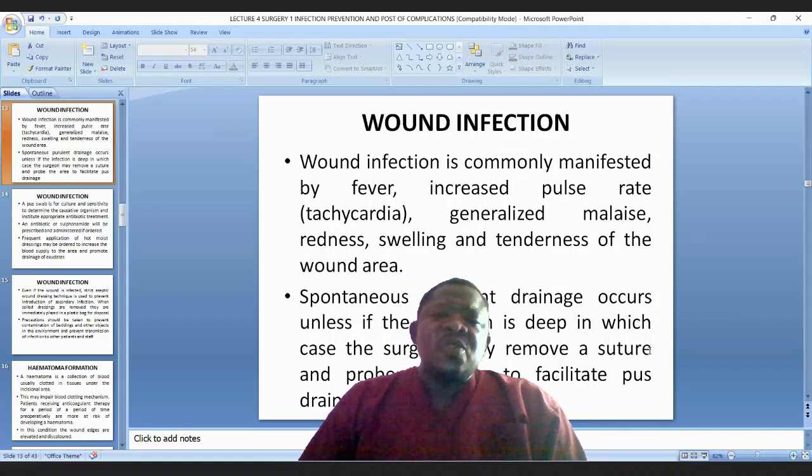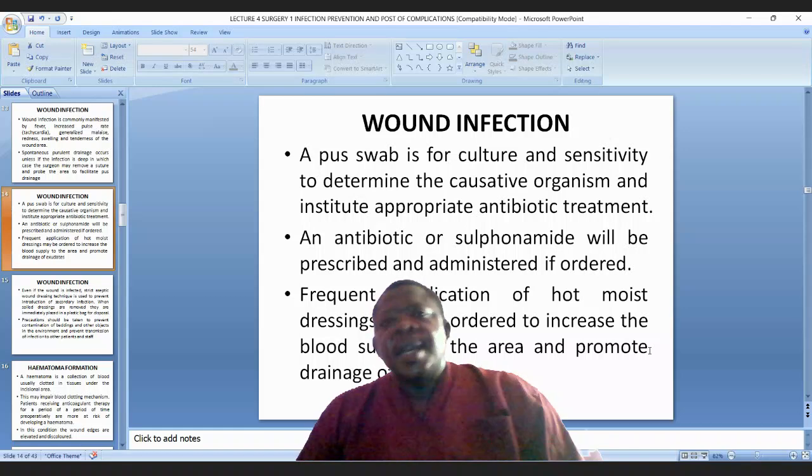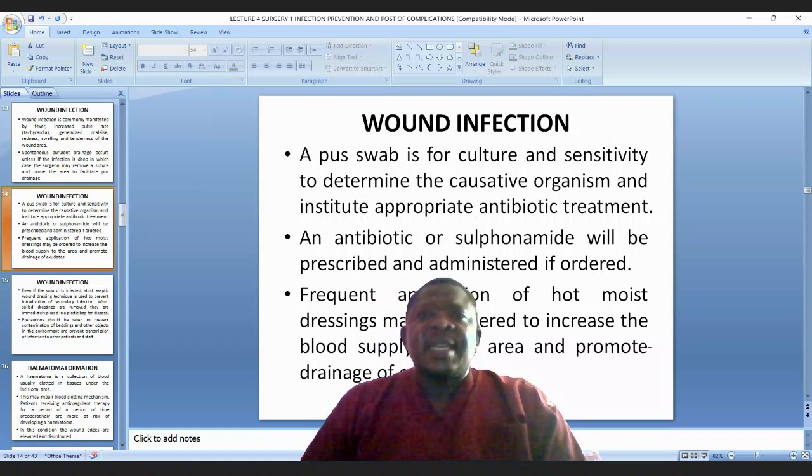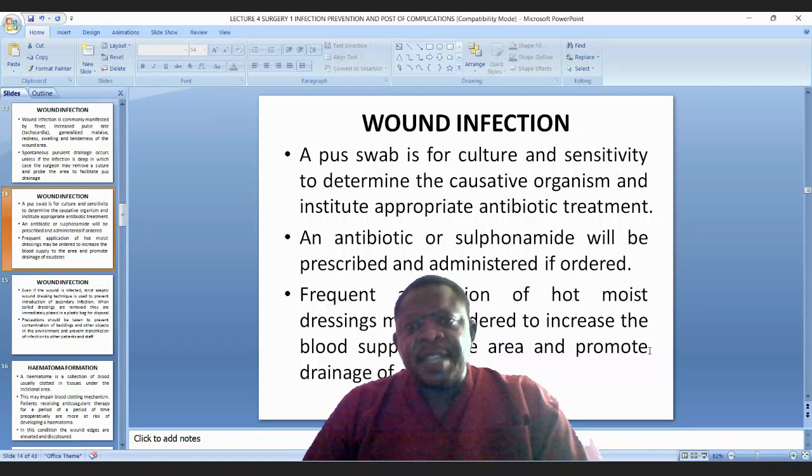Spontaneous purulent drainage will occur unless the infection is deep, in which case the surgeon may remove a suture and probe the area to facilitate pus drainage. A pus swab is then taken for culture and sensitivity to determine the causative organism and institute appropriate antibiotic treatment for the infection.